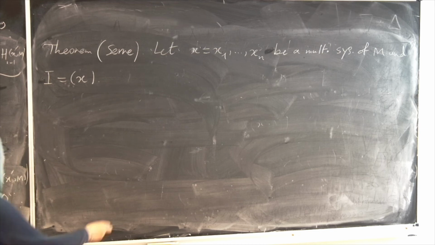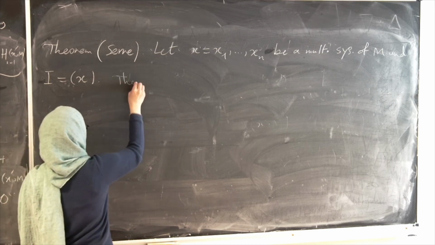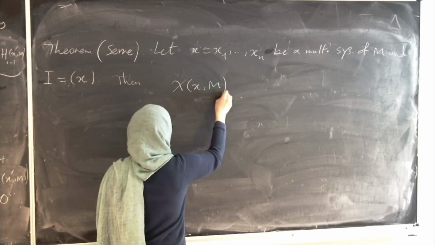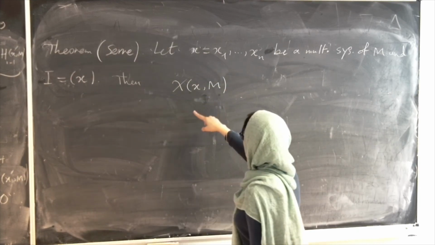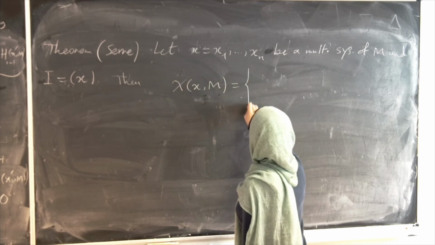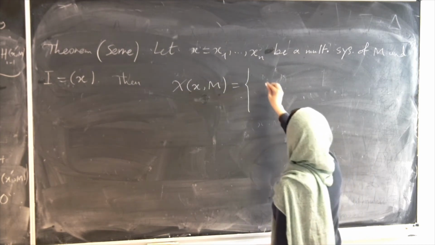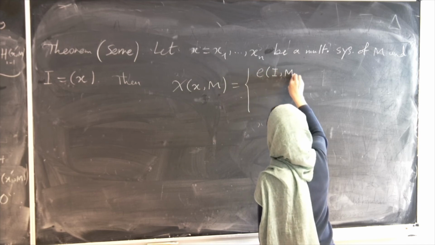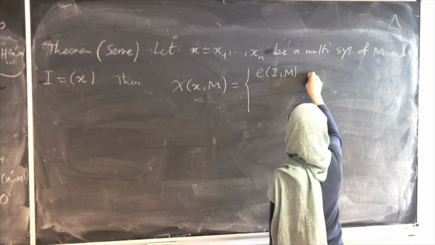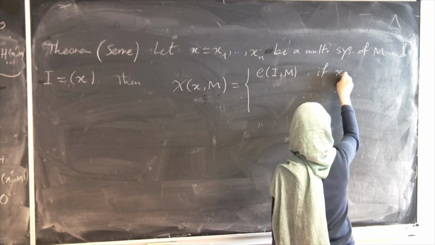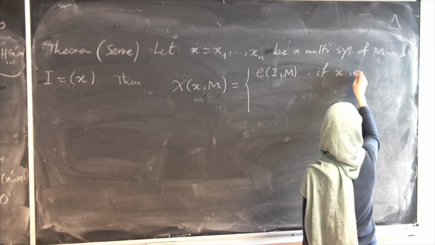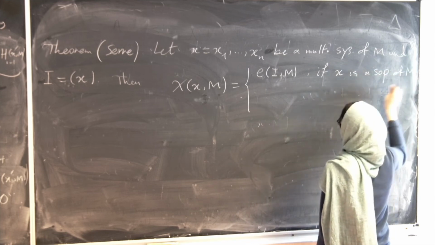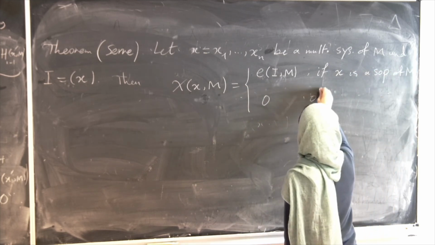What we want to show is that the Euler characteristic of M with respect to x is just the multiplicity of M with respect to I whenever x is a system of parameters of M, and 0 otherwise.